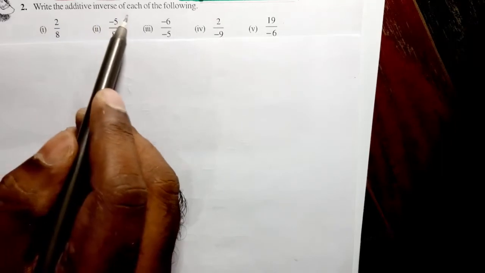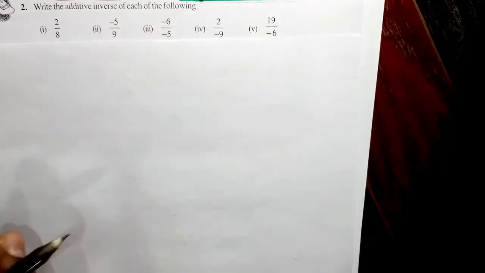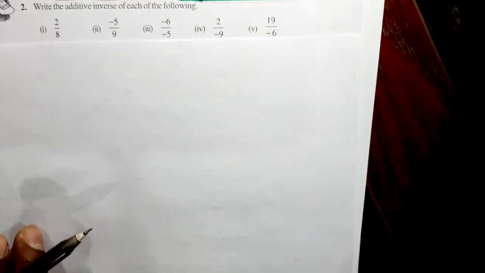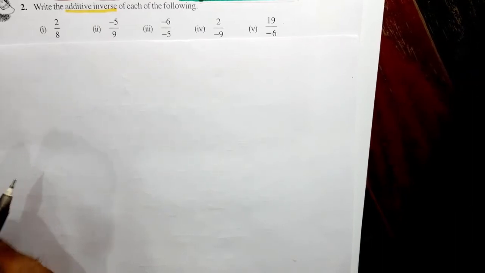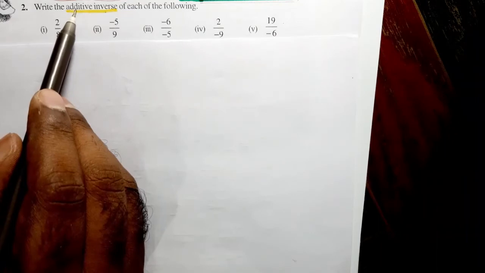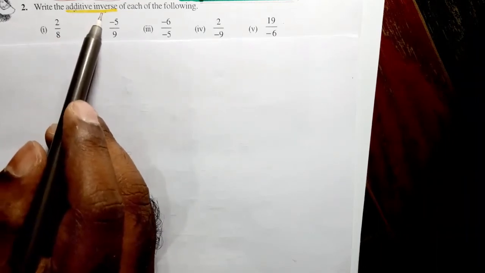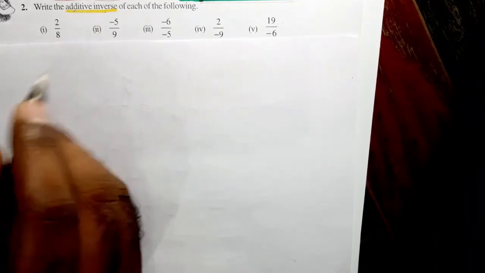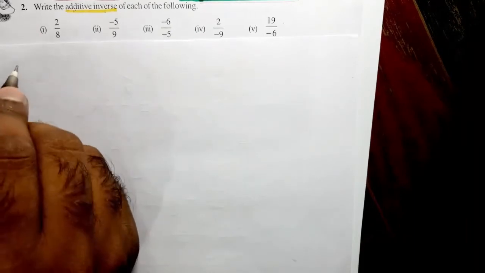Write the additive inverse of each of the following. So here the word additive inverse. Two words are there, additive, inverse. Additive means in the case of addition. Inverse means just opposite. So very easy to write. So we can try to answer the first question.